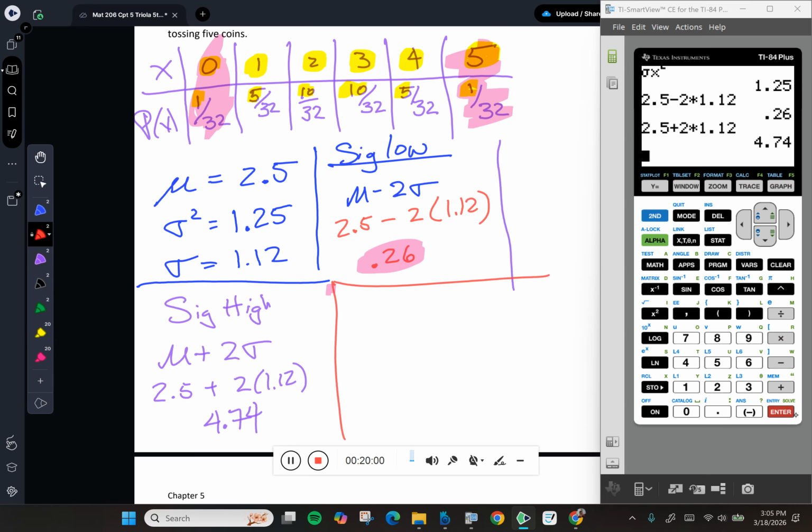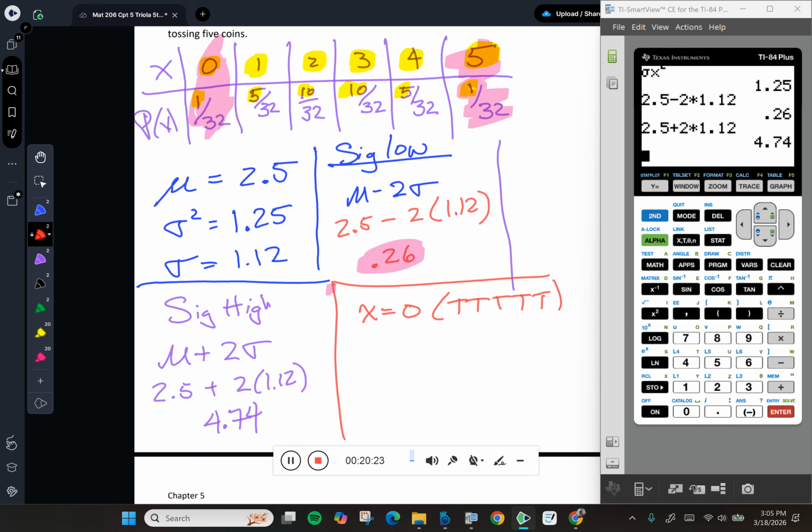So what does that tell me about this experiment of tossing 5 coins? Well, if I actually tossed it and got a random variable value of 0, that means it was tails, tails, tails, tails, tails, all 5 tails. I should question that. I should take a moment and go, huh, that's a significantly low number of heads.